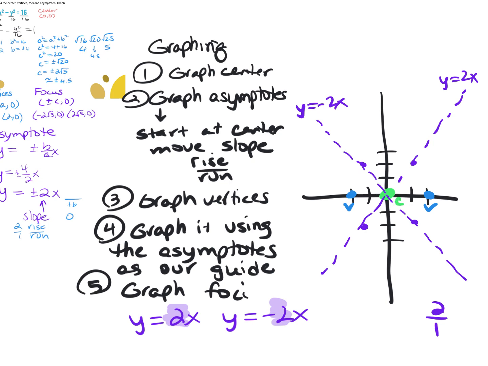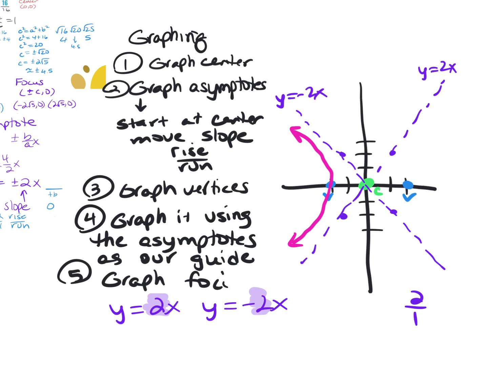And then now to graph it, I'm going to use the asymptotes as my guide. I just want to see that you take that point of the vertex and then skim your hyperbola along the asymptotes. And then we can also graph in our foci.